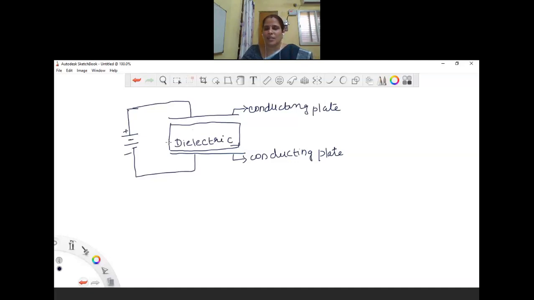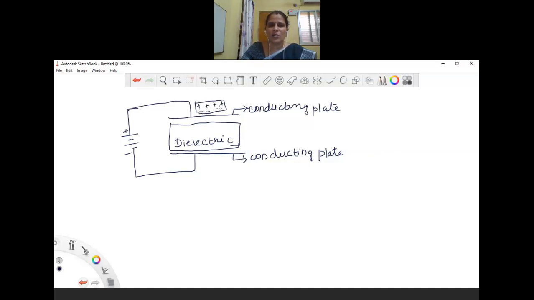So when we connect the battery between the two parallel plates, what happens? Before we connect the battery, these two plates are electrically neutral. So when we connect the battery, what will happen here? Let us assume this plate has an equal number of positive and negative charges.